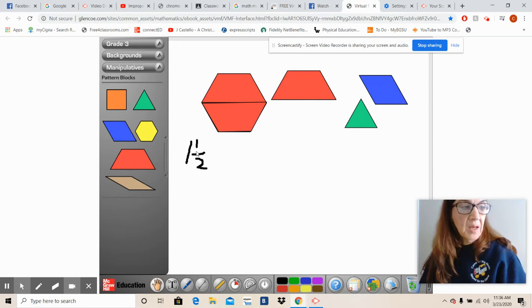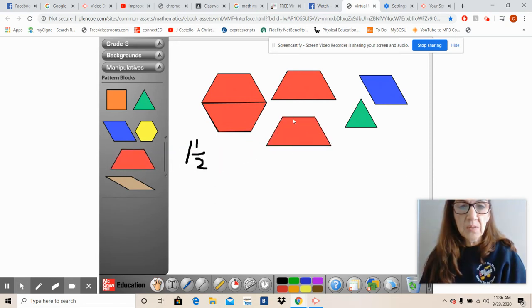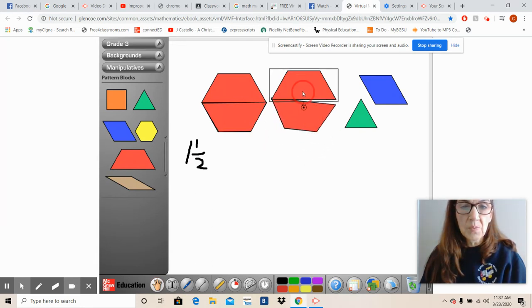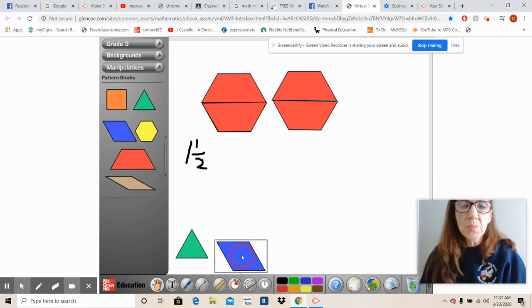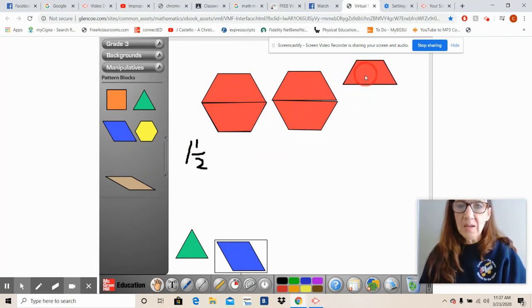Now, how much cake will we have if we had 4 red trapezoids? So I'm going to add this one, turn this one around, put them together. We have 2. Okay, so how much of a cake would we have if we had 5 red trapezoids?